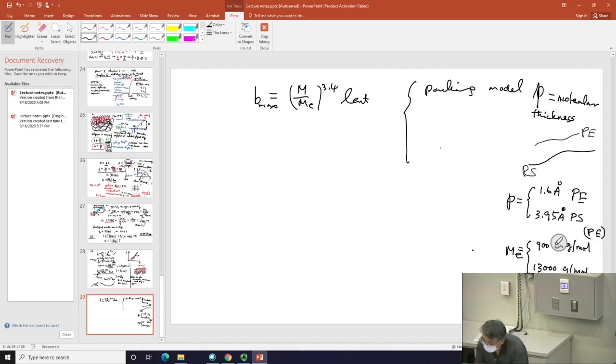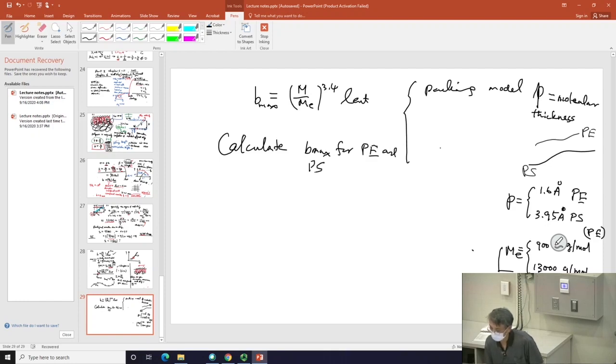I will make that your homework: given what I've given you here, calculate B max for PE and PS at a common molecular weight of 200,000.